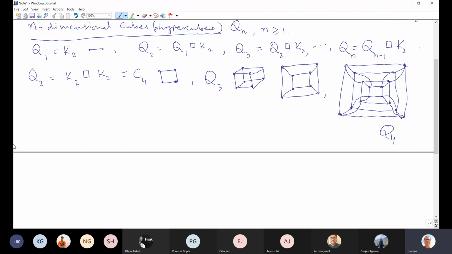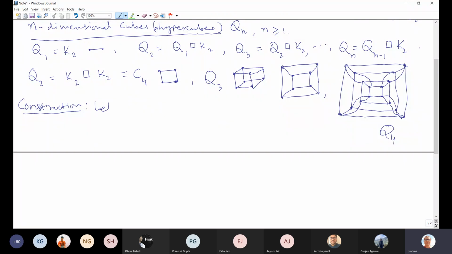And another way, another description of the n-dimensional hypercube, we can also define. Here I shall give a construction of a graph like this.